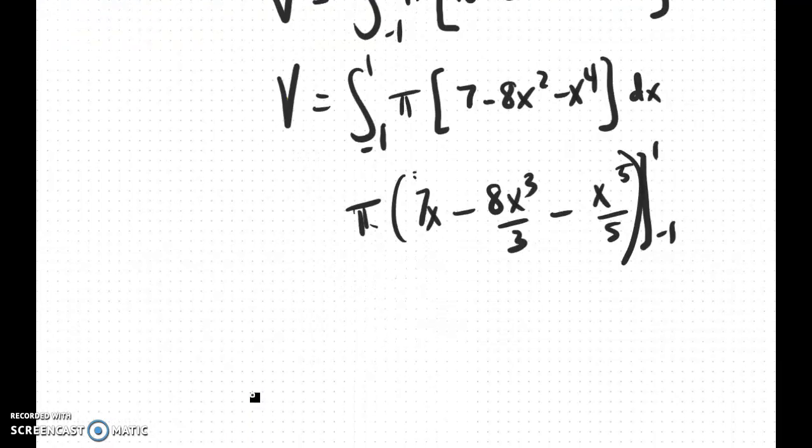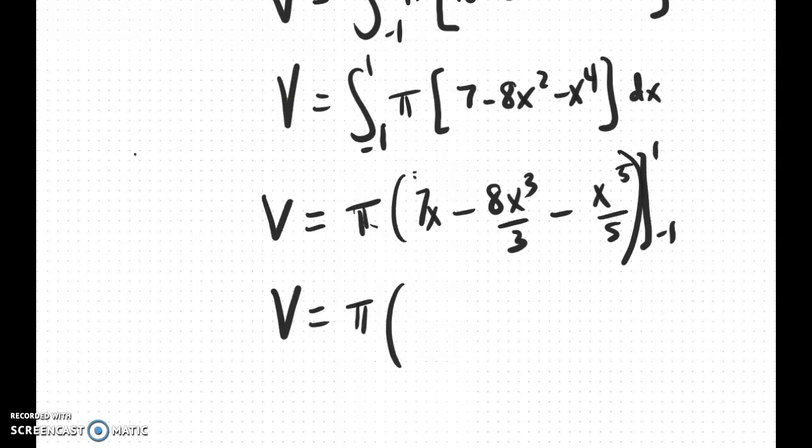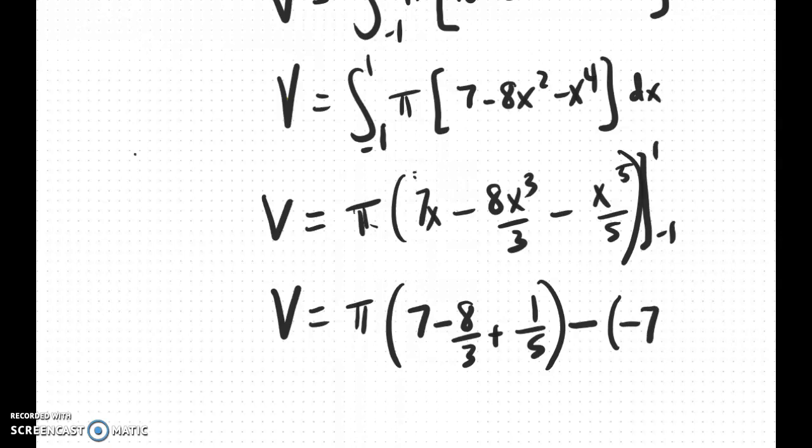So now when we evaluate this integral, let's see what we get. So get this pi outside here, and then I'm going to get 7 minus 8/3 plus 1/5 minus, that's -1 times 7, so it's going to be -7 plus 8/3 minus 1/5.